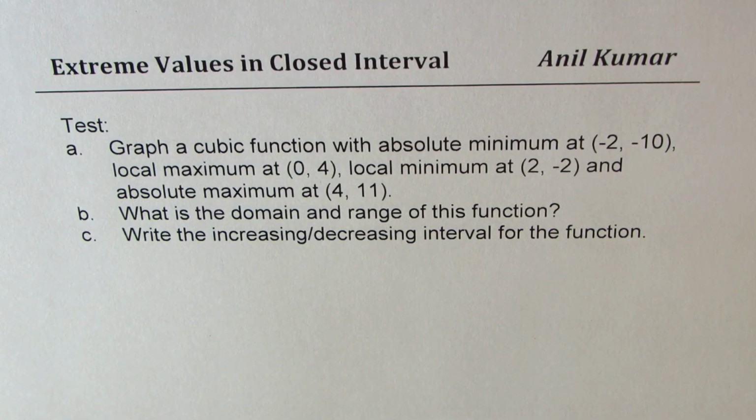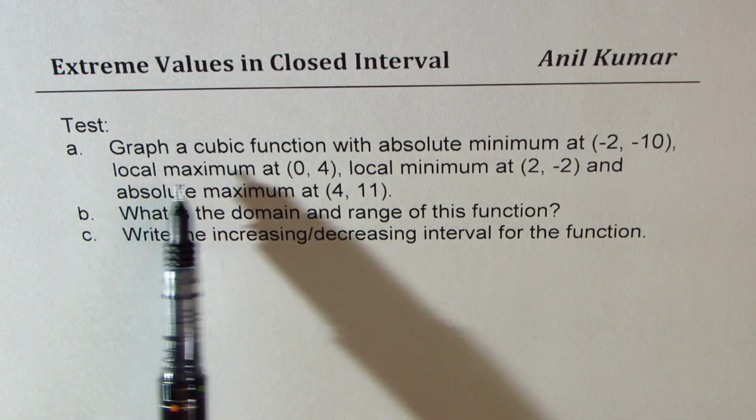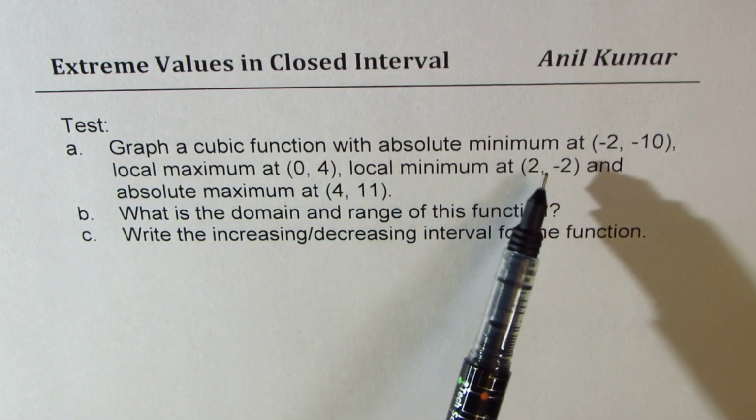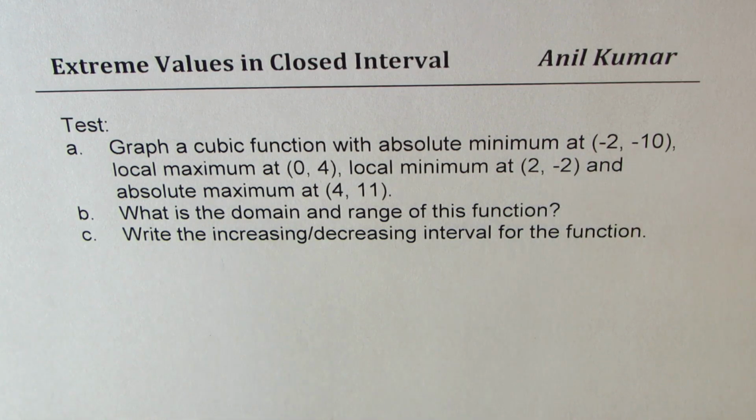Now here is a test question for you. The question is to graph a cubic function with absolute minimum at -2, -10, local maximum at 0, 1, local minimum at 2, -2, and absolute maximum at 4, 11.